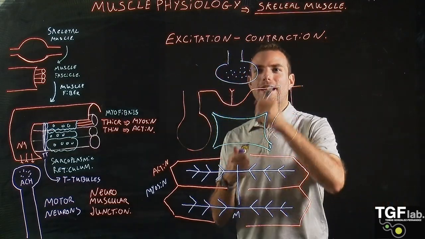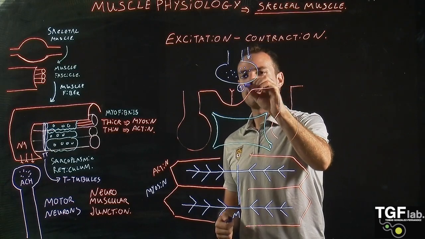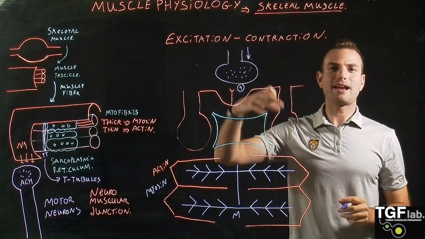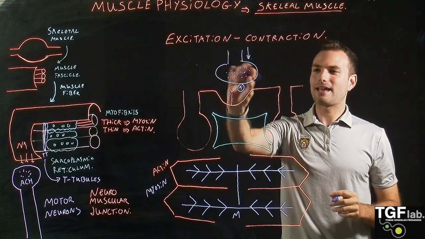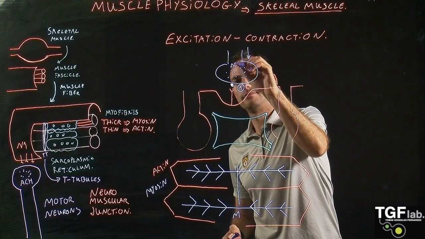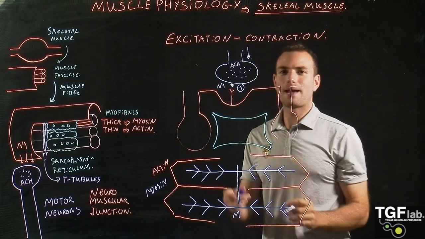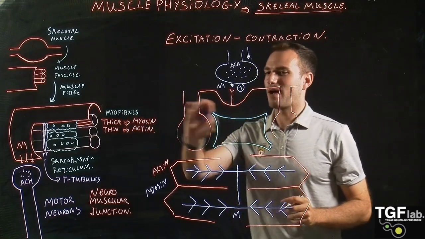So first of all, an action potential comes here, and what is going to happen is that the motor neuron is going to release here the acetylcholine, and then the acetylcholine is going to bind to the N1 nicotinic receptors in the membrane of the myofibril.